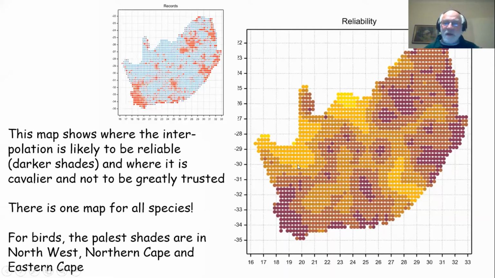So the interpolation there is in fact not very reliable. You can not only see where the species has been interpolated to occur, you can also see whether I have any faith in the interpolation I've done. So the paler shades for birds are in this part of Northwest Province, over much of the Northern Cape, and over much of the Eastern Cape, and of course the Karoo as well.